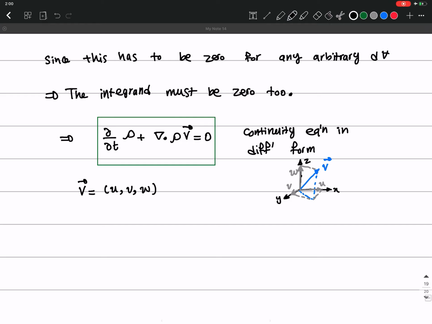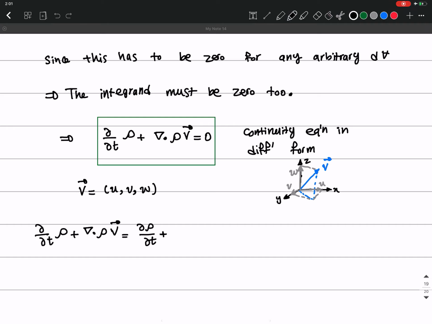So I can now write this partial over partial t of rho plus divergence of rho v. This equals partial rho partial t plus the divergence of rho v. So rho v is rho U, rho V, rho W, and the grad dot is just a dot product between the grad operator and this velocity vector.